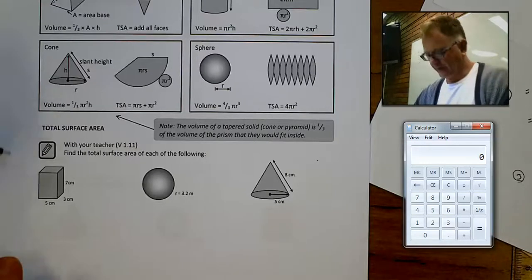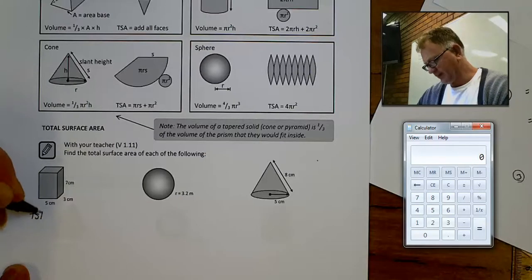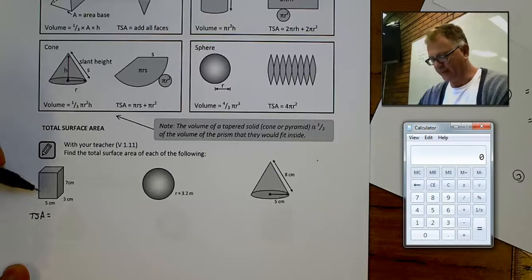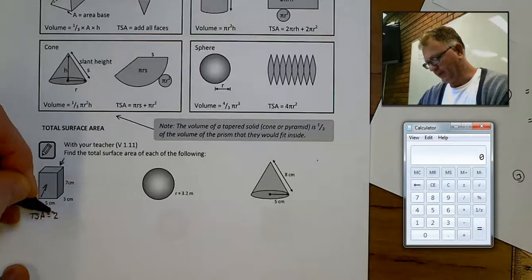For this one here, a rectangular prism or cuboid, to work out its total surface area, add together all the different faces. Now there is a formula for doing that, but I just like to think about it separately. What we've got is a rectangular front face here which measures 5 by 7. There's one around the back, the same side as well. So the area of those faces is going to be two lots of 5 by 7.